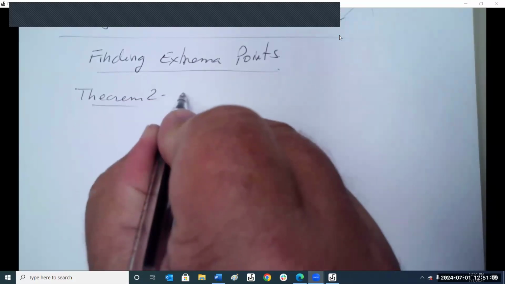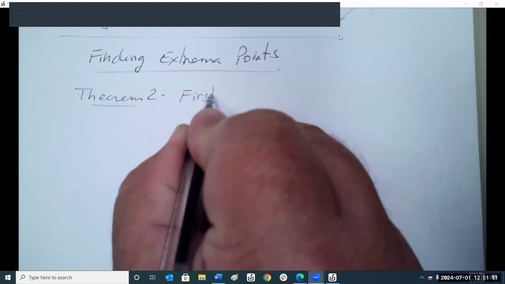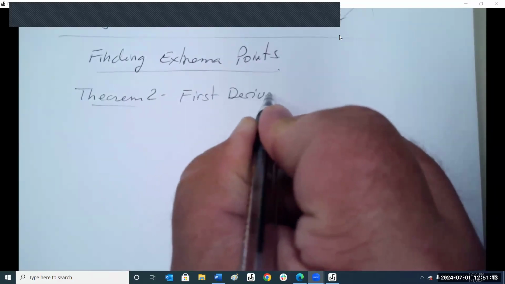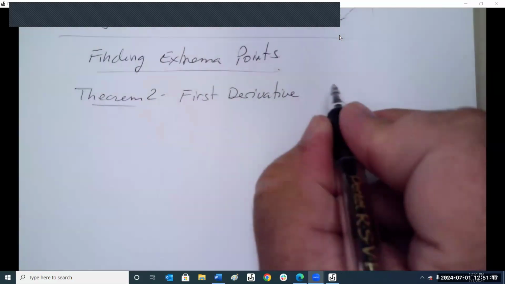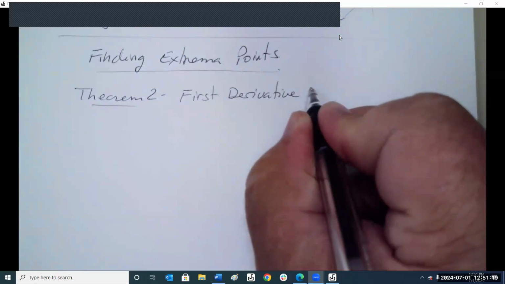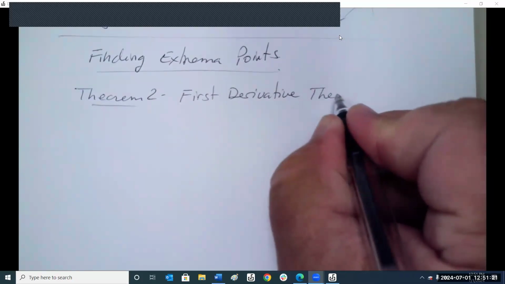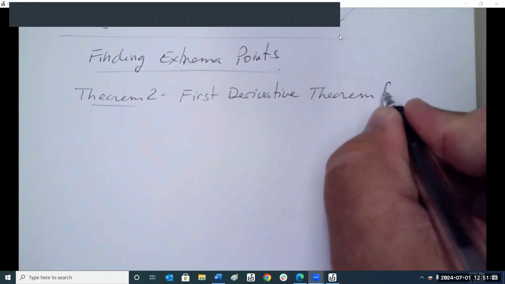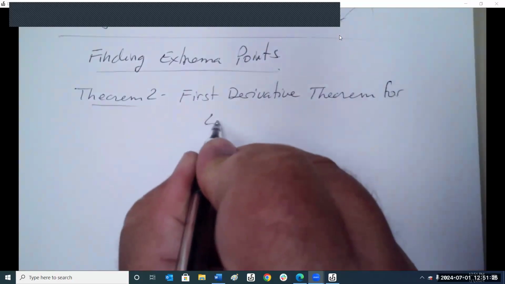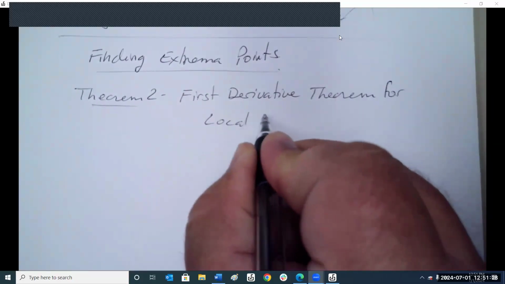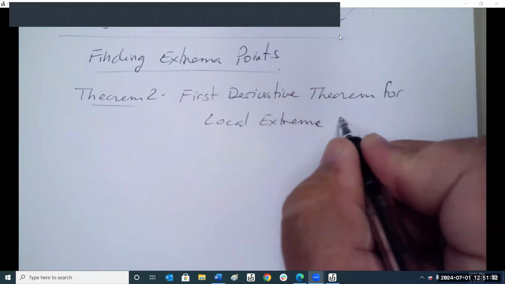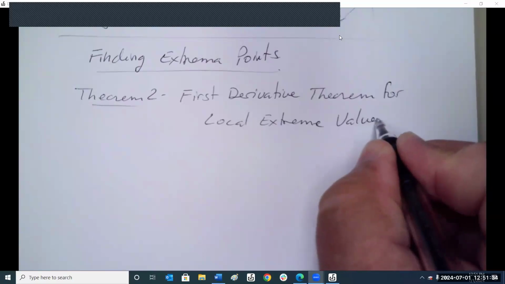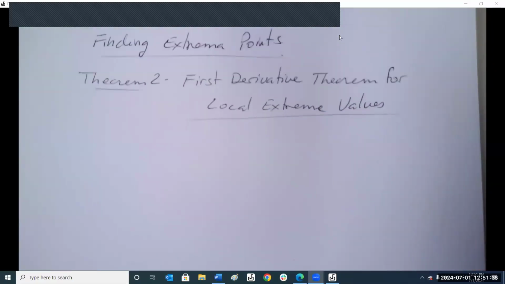Theorem 2 is the first derivative test, our first derivative theorem for local extreme values, or extreme points.